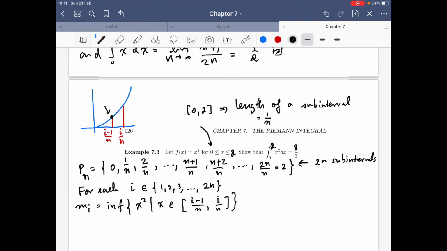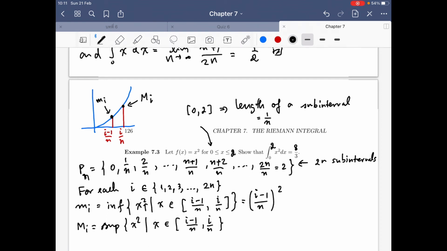So right here on your left end it will be your smaller mi, and on your right end it will be a capital Mi. So this one is simply (i minus 1 over n) squared, right? Because don't forget that right now your function value has a square as well. So your capital Mi, the supremum of x square whenever your x is in this subinterval, will be your right end value, which is (i over n) squared.